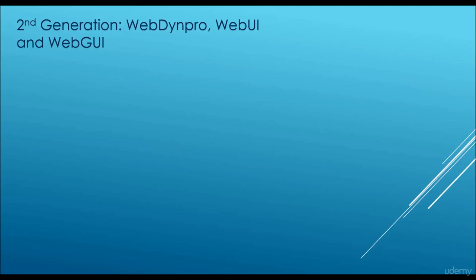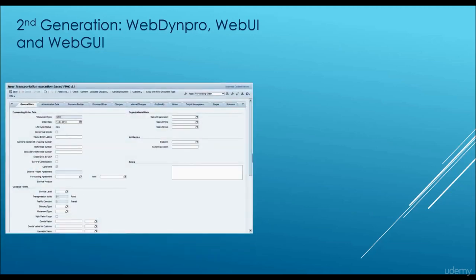Initially, WebDynPro was supported only on Java, and later it was supported in ABAP as well around 2005. So it had many advantages. You no longer had to install a client software. That's a big advantage. It also used an MVC architecture, which is an industry best practice.